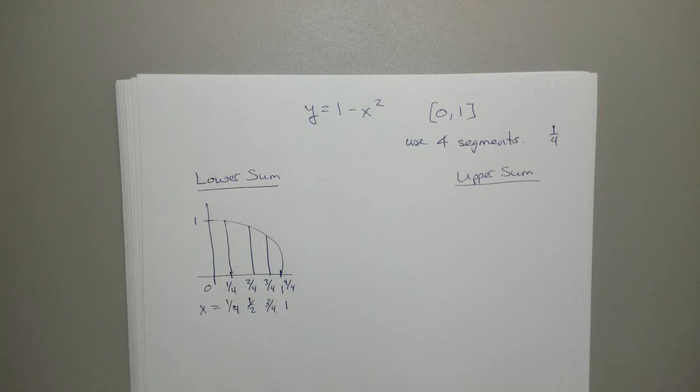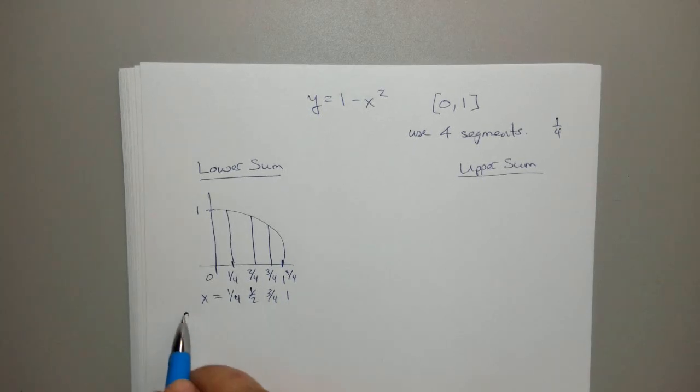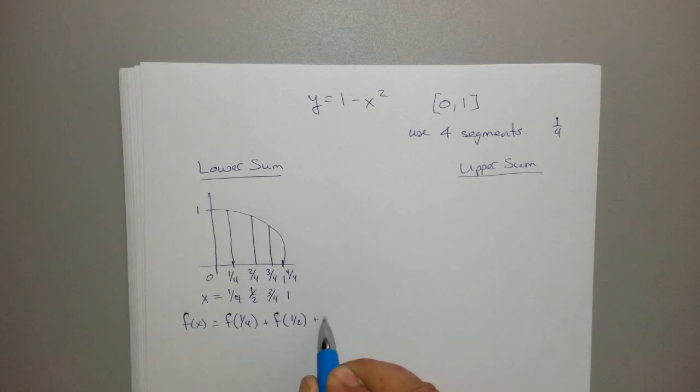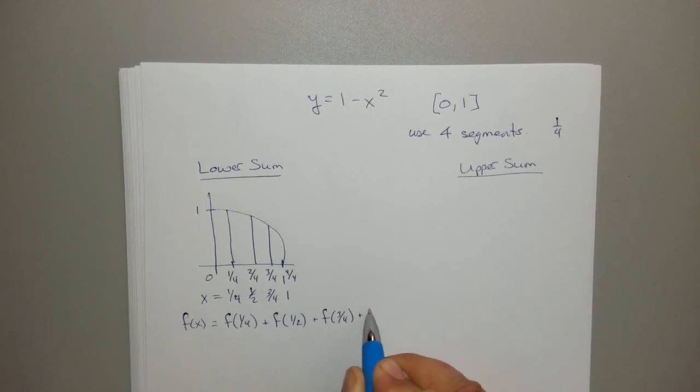So when you answer these first questions in section 1, you have to figure out how many divisions you will have to deal with. Those are your inputs. What you're going to do is input those into the function. So it's going to be f of 1/4 plus f of 1/2 plus f of 3/4 plus f of 1.